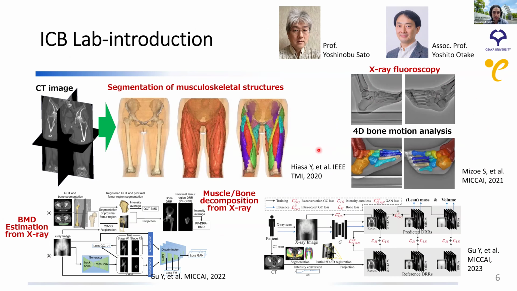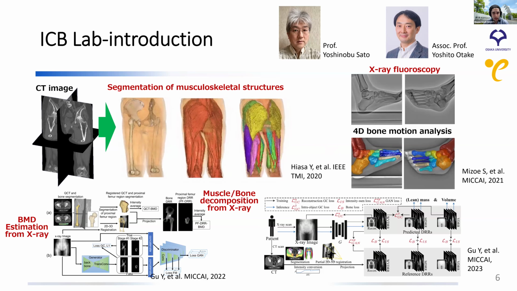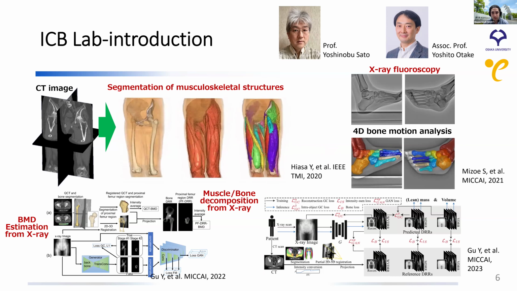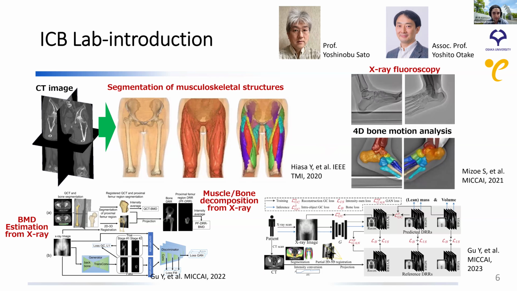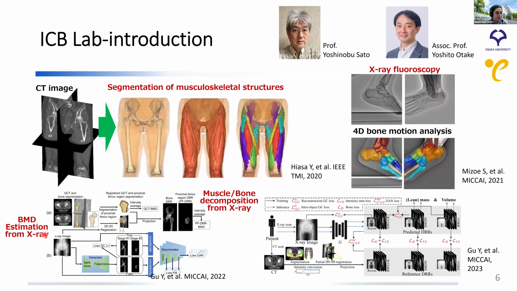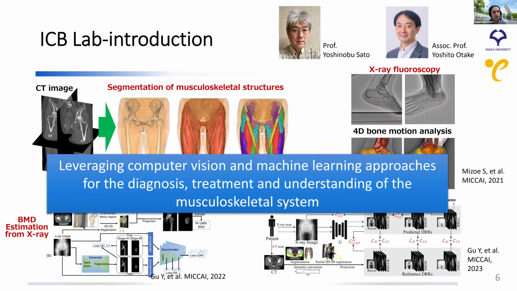Our research interests cover several topics, including muscle segmentation from MR or CT images, X-ray fluoroscopy for the analysis of 4D foot measurements, the estimation of bone mineral density from conventional X-ray imaging, and muscle and bone decomposition from X-ray images. We are finally aiming at leveraging computer vision and machine learning approaches for diagnosis, treatment, and understanding of the musculoskeletal system.